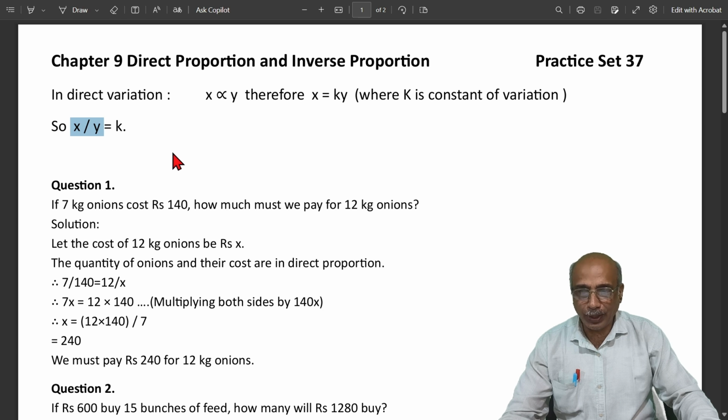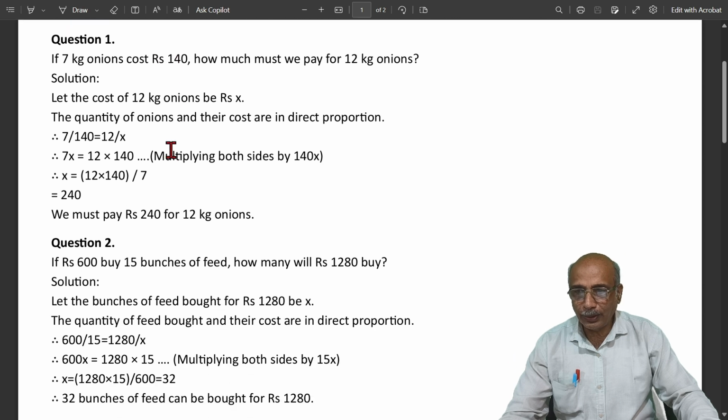First example. Question number 1. If 7 kg onions cost rupees 140, how much will be the cost for 12 kg onions? How much amount do we have to pay for 12 kg of onions? Let the cost of 12 kg onions be x, which is not known to us. The quantity of the onions and their cost are in direct proportion.